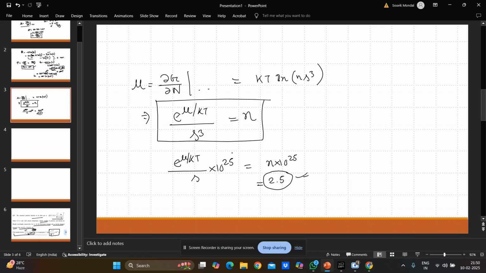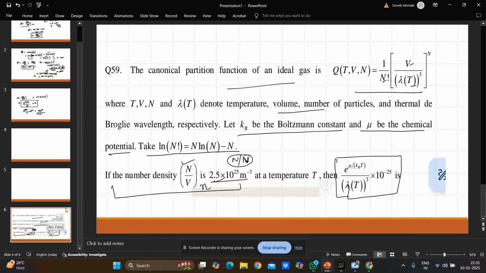Okay, so from this question note a few things. The first thing is G is something which is F plus PV, and P you can find from the thermodynamic relations, the Maxwell relations and other things, that P is minus del F by del V. For this kind of canonical partition function, PV is NkT.